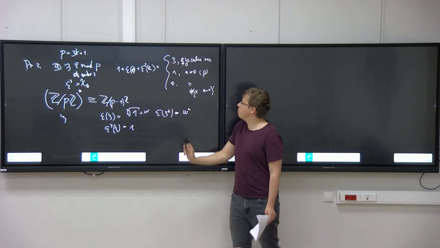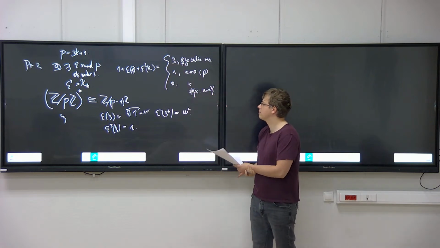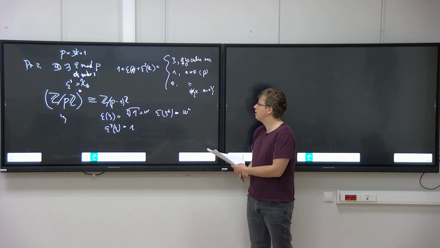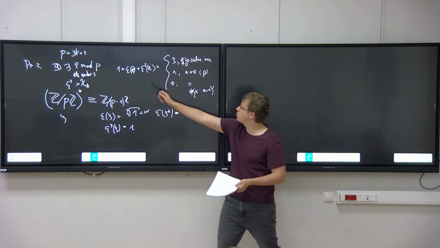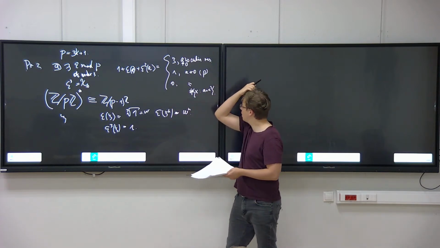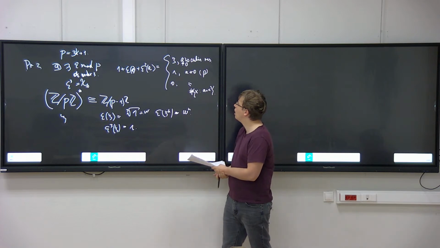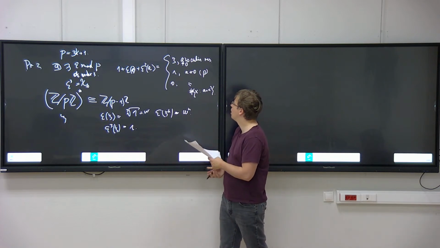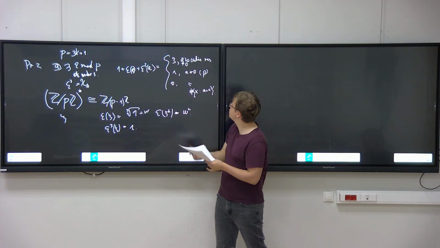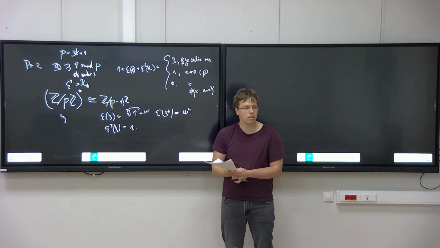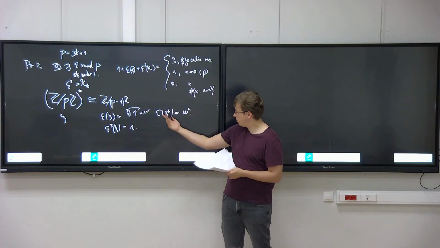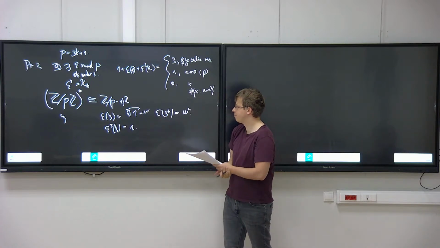How to prove such a formula? If a is 0, then it's 0. When it's 1, then it's 1 obviously: 1 plus 0 plus 0. When it's a non-zero cubic residue, then it's obviously 3, because it's 1 plus 1 plus 1.